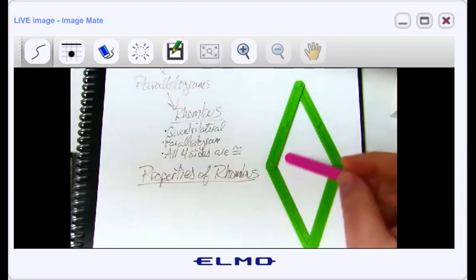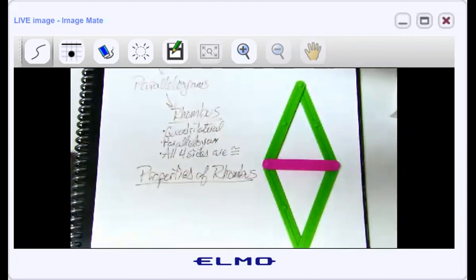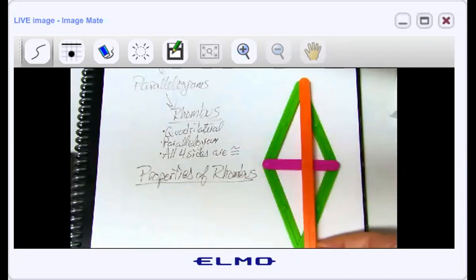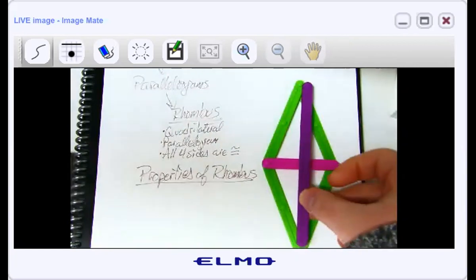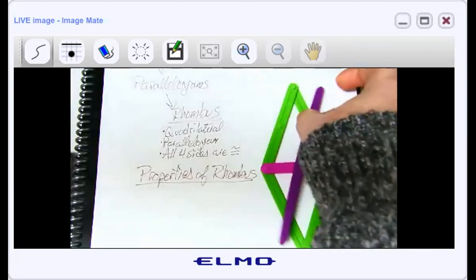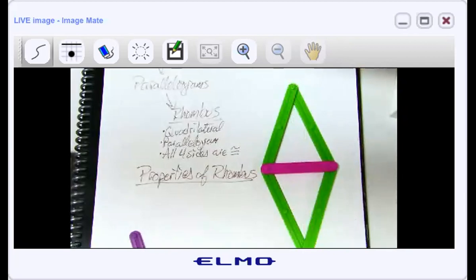Maybe if I actually put them in. Let me try. There's a diagonal. Let me see if I have a piece that fits going the other way. That one's a little too long. Let's see if I have something a bit shorter. Maybe this purple. Purple's a smidge too short.